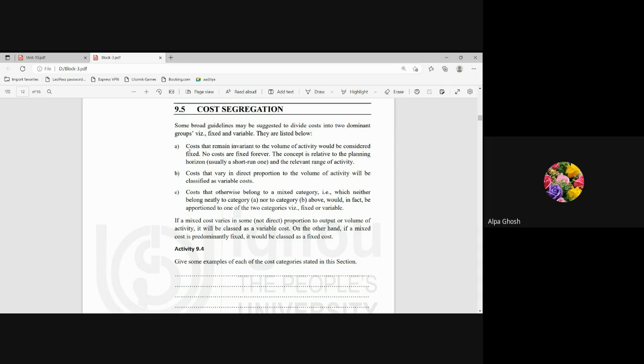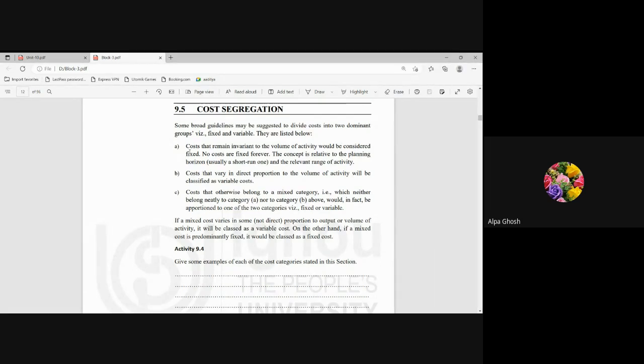When we pay salary to a person for maintenance of the office, whether the production is 10 units, 100 units or 1000 units, the salary is fixed for the month. But wages are paid to laborers only when there is production or manufacturing. If there is no production, we are not going to call the labor and pay wages. So this is the basic difference between variable cost and fixed cost.